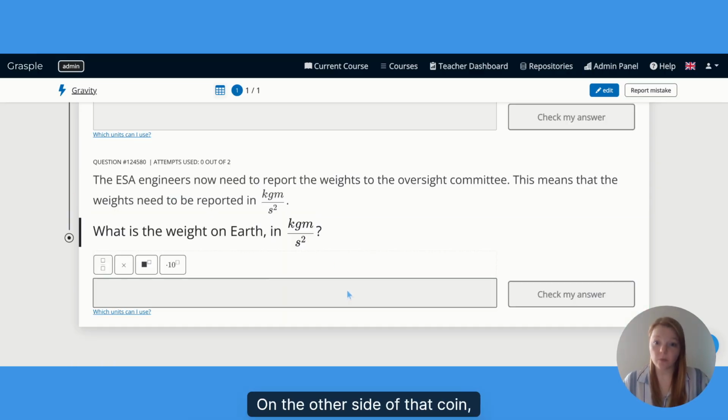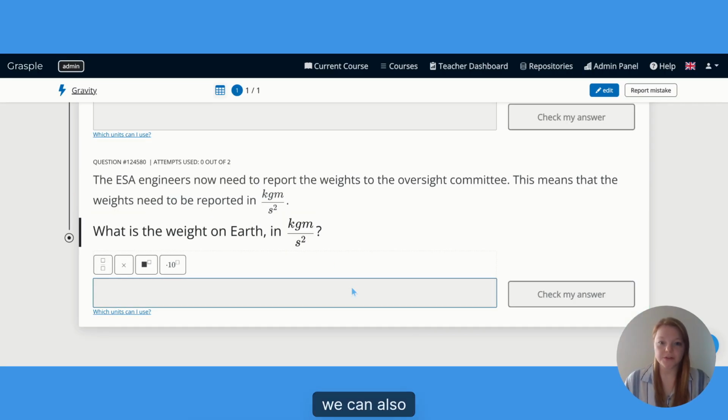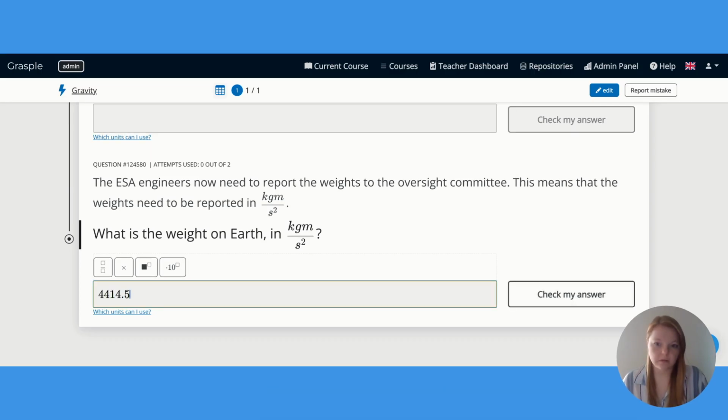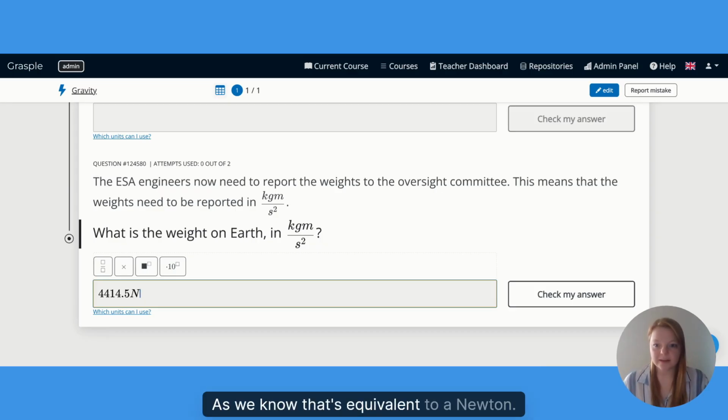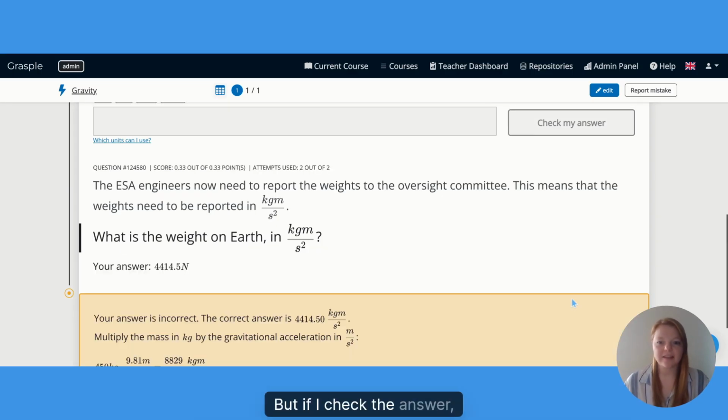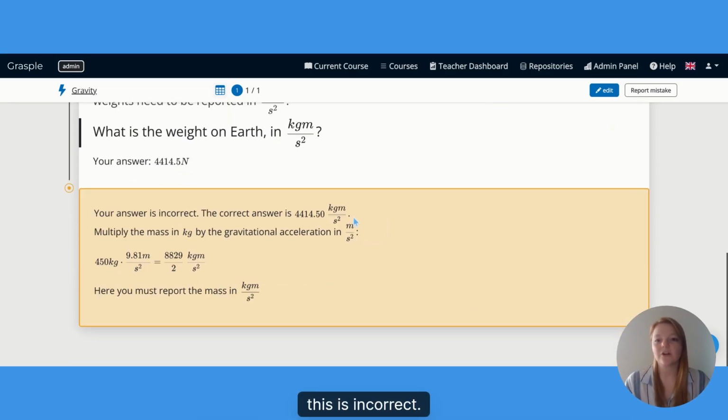On the other side of that coin, however, we can also specify which unit we'd like to use. So to calculate this one, we have the same value. Now the teacher has asked that this value be expressed in kilogram meters over seconds squared. As we know, that's equivalent to a newton, but if I check the answer, it says this is incorrect.